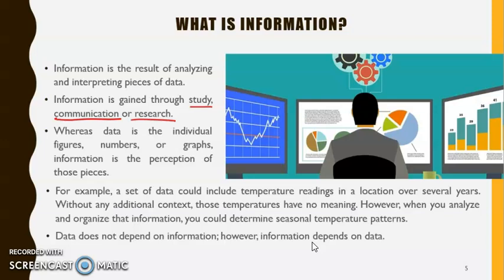So one question that may come to your mind is this: if we have this set of facts here, let's call it A, can we say for sure if it is data or if it is information?